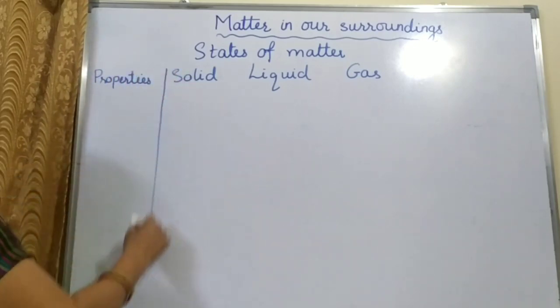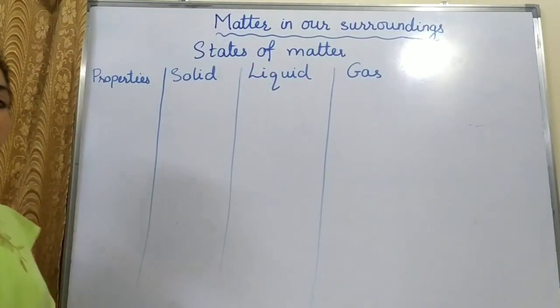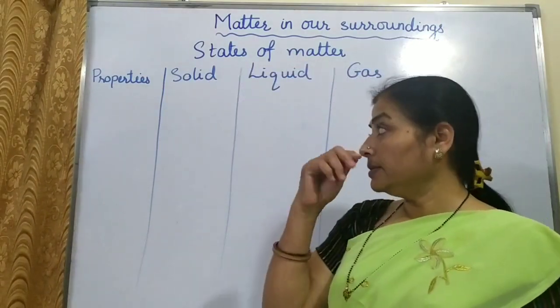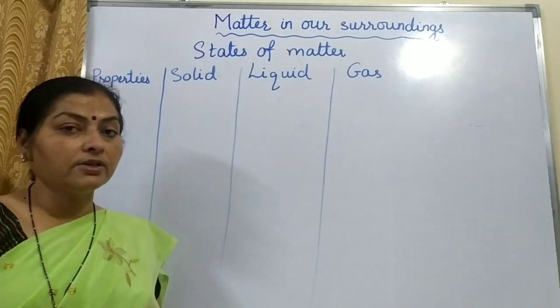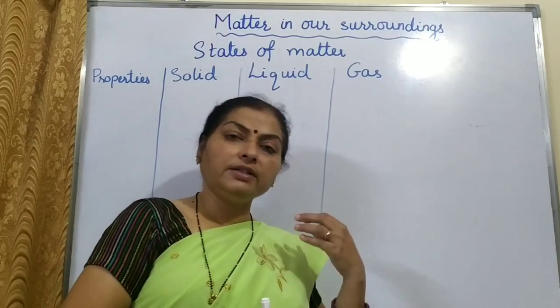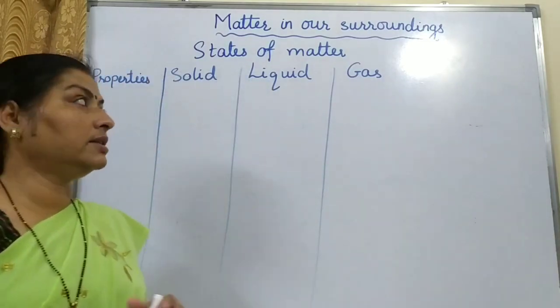We are going to compare these properties on the basis of the states of matter. So you are very much familiar with these three states of matter. Apart from these basic three states of matter, there are other states of matter also. We have not to go much in detail into them, but we will just have a brief discussion of that after we finish these three states.